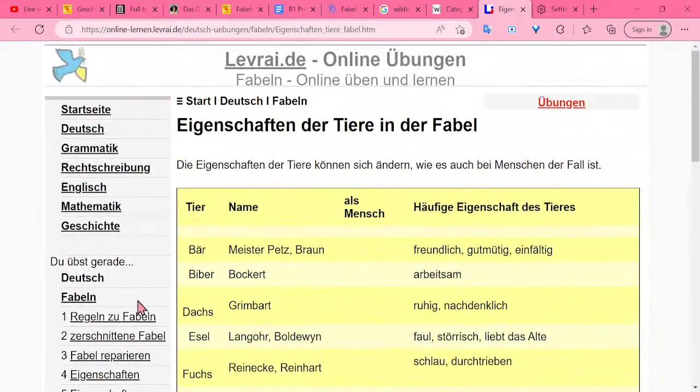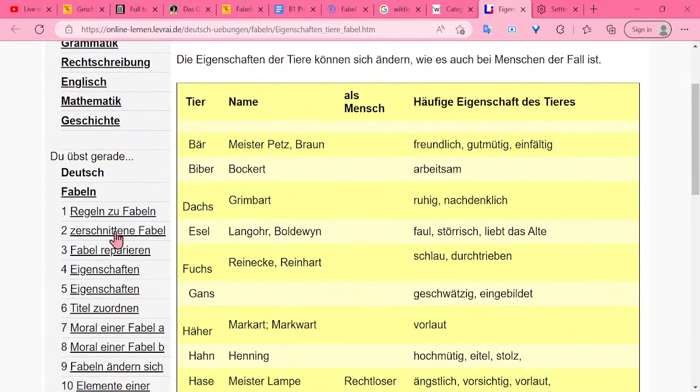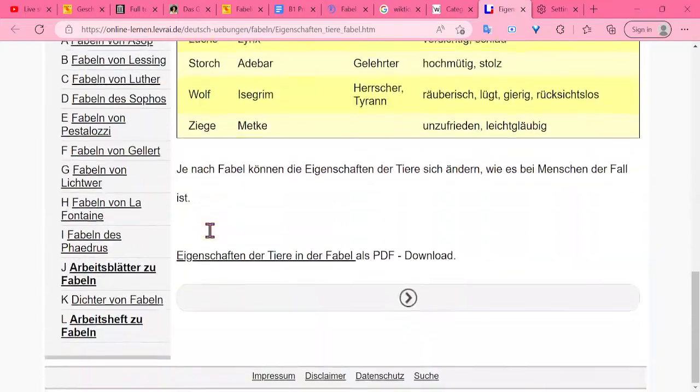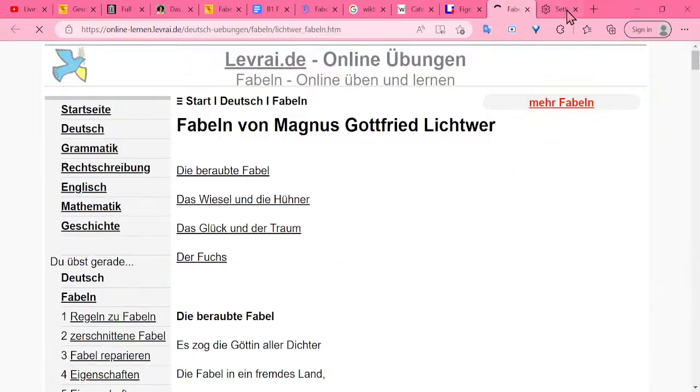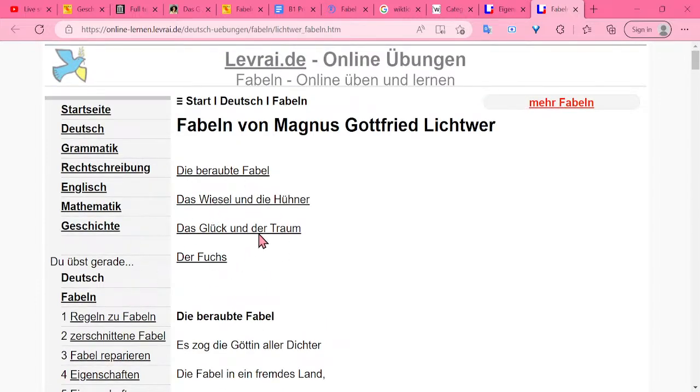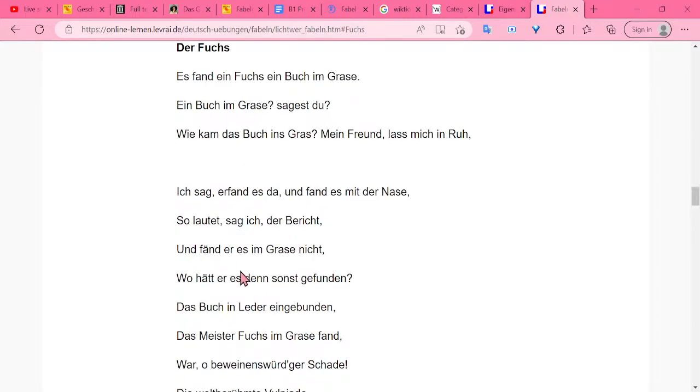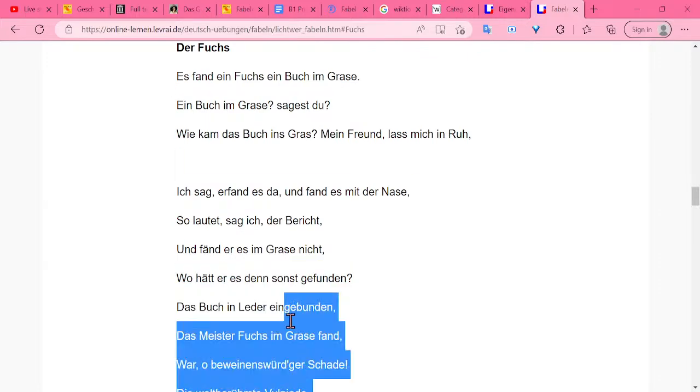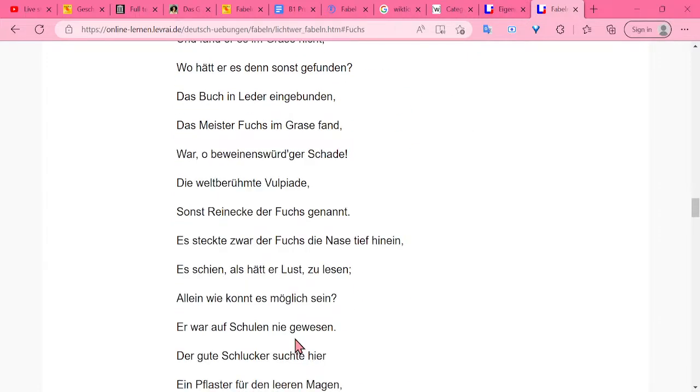Oh, there's so many pages here. Appetite. Let me see if there's a few. Whoa, this is like a different layout entirely.